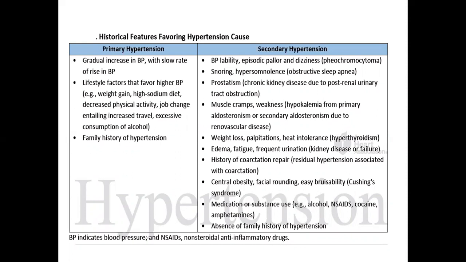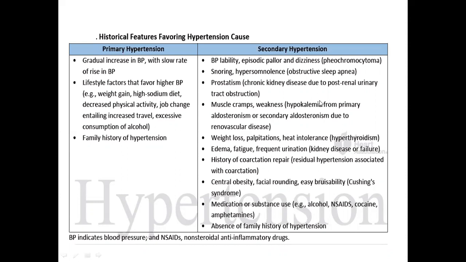If you are thinking of secondary hypertension, then you should know some important differential diagnoses like pheochromocytoma, kidney disease, hyperkalemia, hypokalemia, thyroid dysfunction, Cushing syndrome, and use of over-the-counter medicines. You should ask for symptoms related to the causes of secondary hypertension.